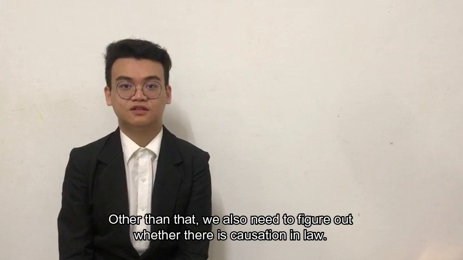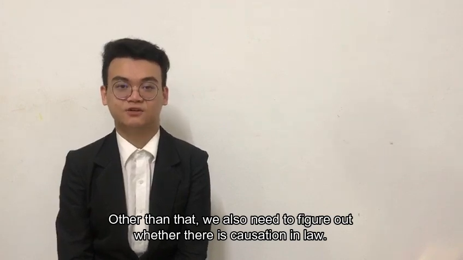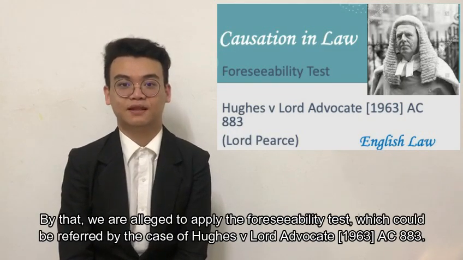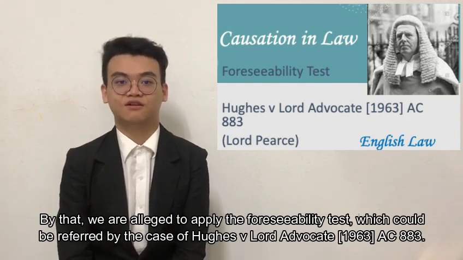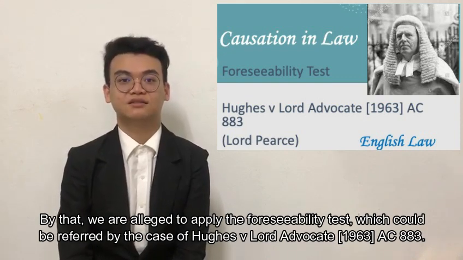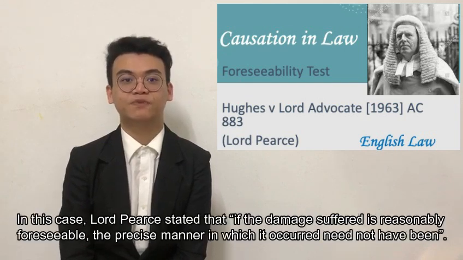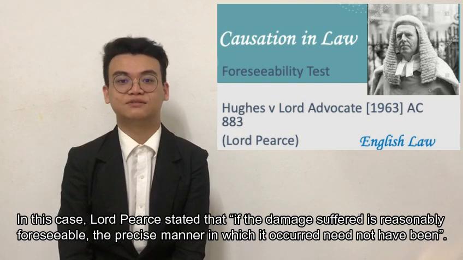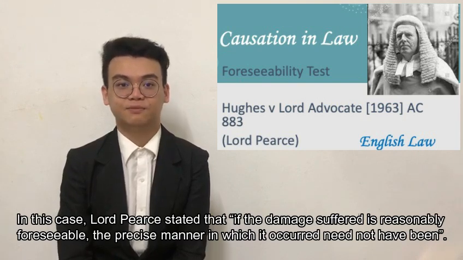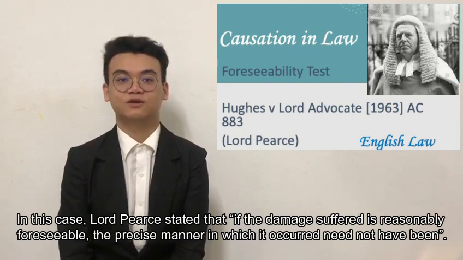Other than that, we also need to figure out whether there is causation in law. By that, we are required to apply the foreseeability test, which could be referred to in the case of Hughes against Lord Advocate 1963. In this case, Lord Pearce stated that if the damage suffered is reasonably foreseeable, the precise manner in which it occurred need not have been.